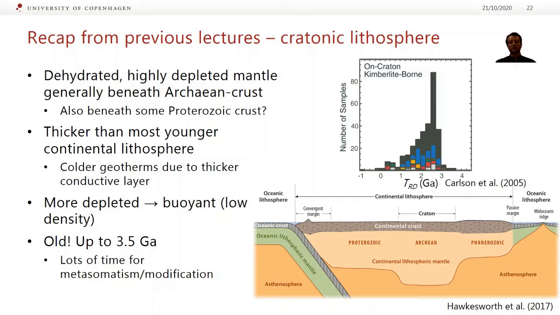And because it's thick, we have a thicker conductive layer and colder geotherms, so we have a colder temperature at a given depth. It's more depleted than most lithosphere, and so this means that it's generally low density and should be buoyant. It's also very old, with ages up to about 3.5 billion years, which gives us a lot of time for metasomatism or modification of the original compositions.